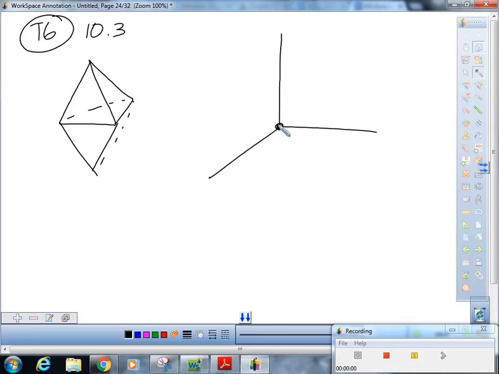So the points are 0, 0, 0, k, k, 0, k, 0, k, and 0, k, k.